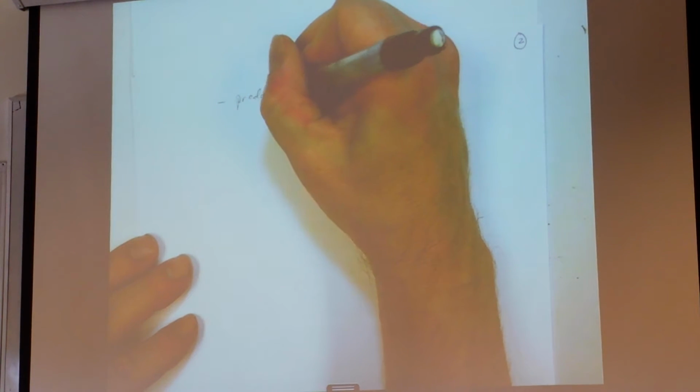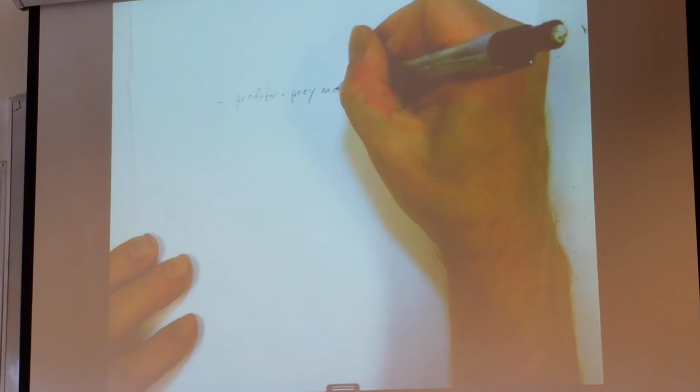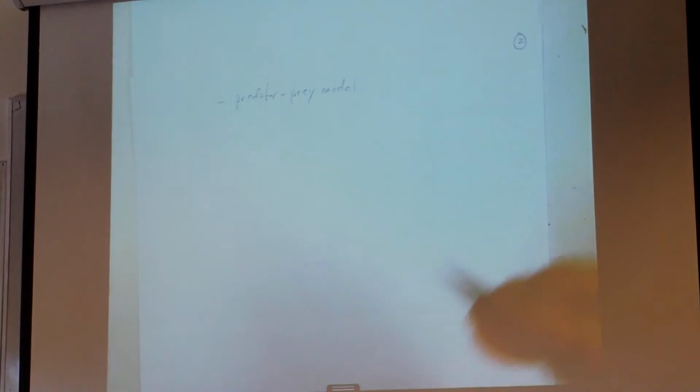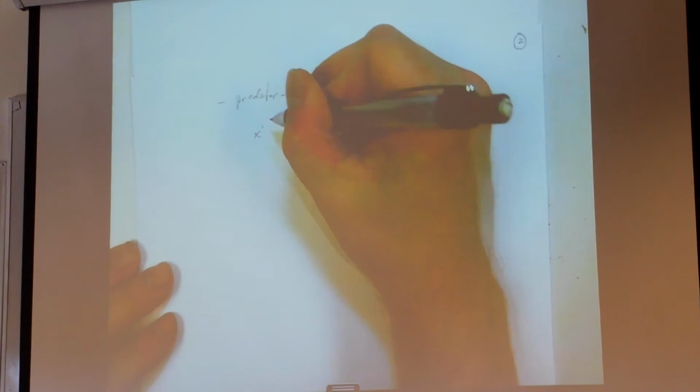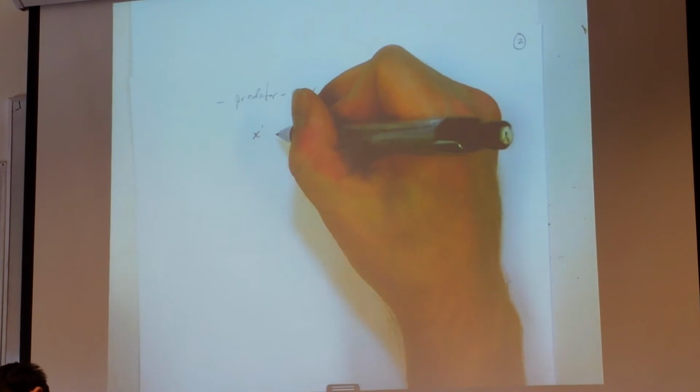They can sustain a larger population until the point where there are so many of them that they deplete the population of rabbits. Cyclical in theory, okay? So another example, predator-prey. Say x prime, this is the rate of population change.